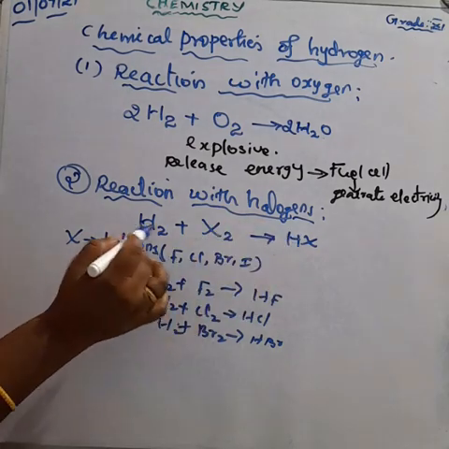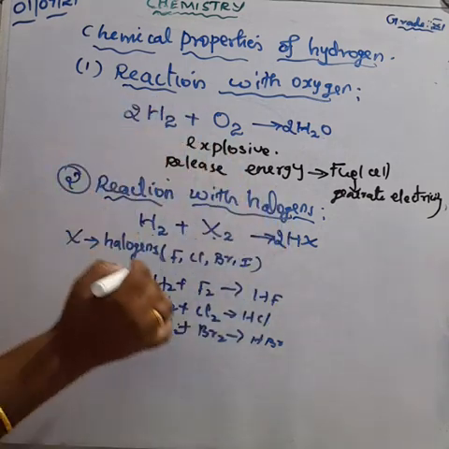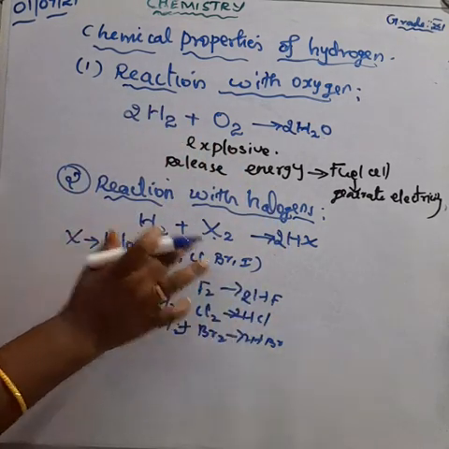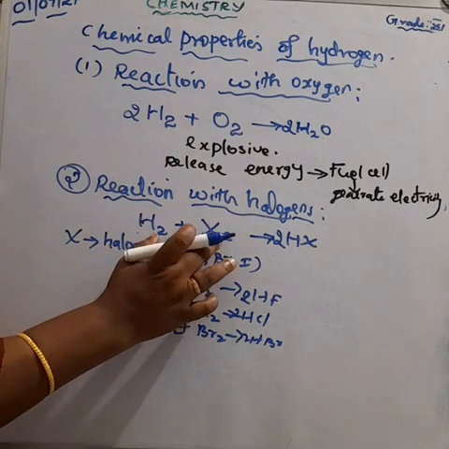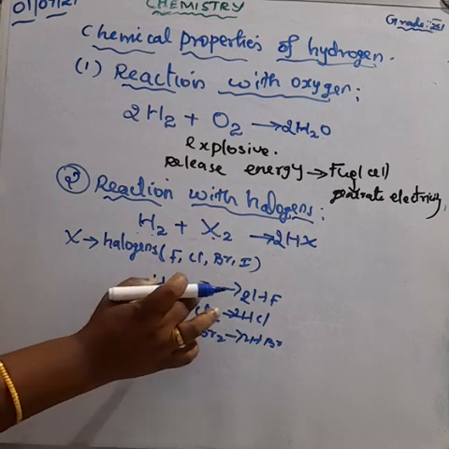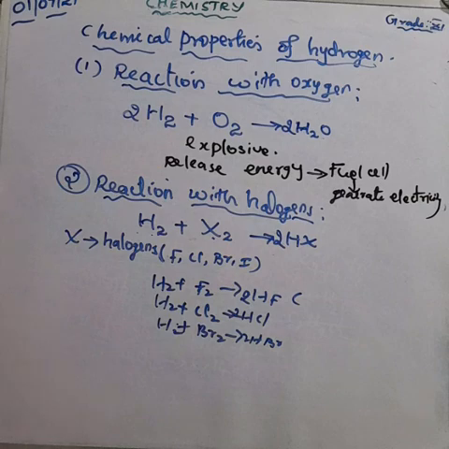Hydrogen 2 and halogen also 2, so we have to make it 2 here. Now the equation is balanced.